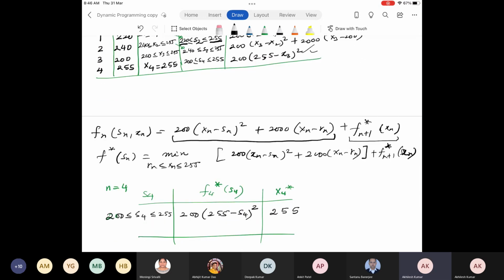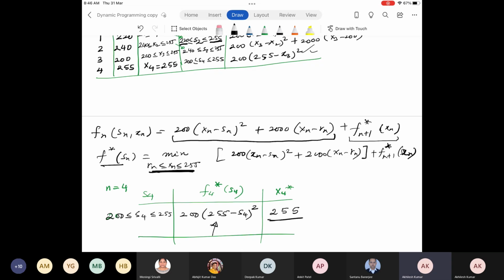You are ideally trying to minimize this. At what number will it be minimized? You are trying to minimize, right? Between 255. That will be 255. So that's why I have written 255.